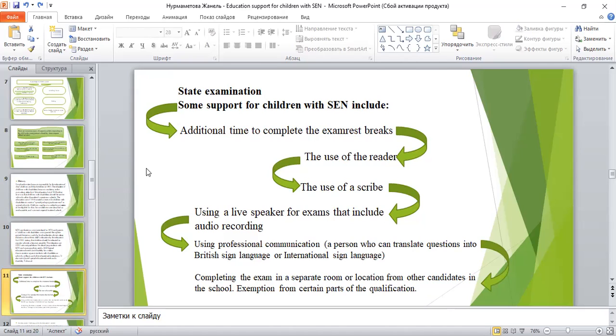Also using professional communication, I mean a person who can translate questions into English, sign language, or international sign language. Completing the exam in a separate room or location from other candidates in the school, and exemption from certain parts of the qualification.